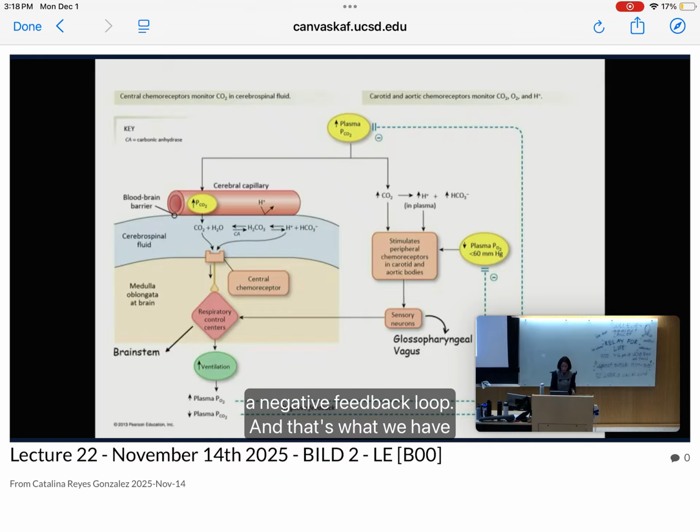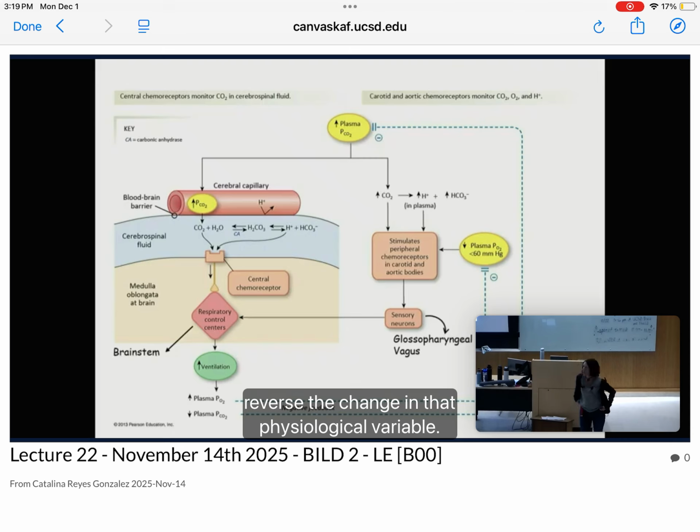And that's what we have here. We have these receptors that are going to sense the levels of these physiological variables, send that input signal or sensory signal to the central nervous system, where the information gets integrated. And if we need to do something about it, an output signal happens to an effector organ that is going to reverse the change in that physiological variable.